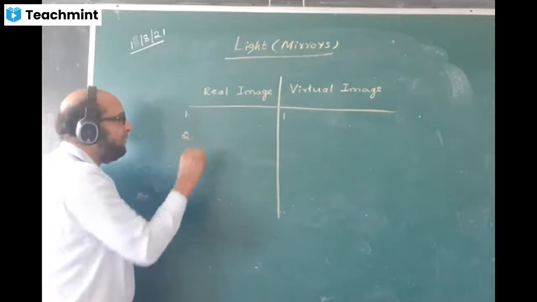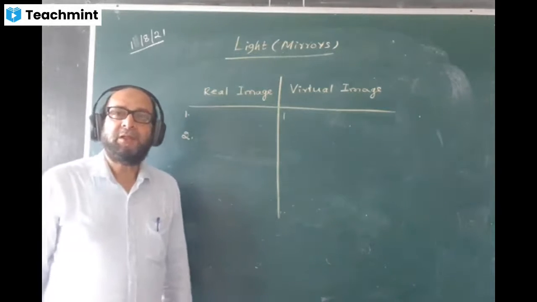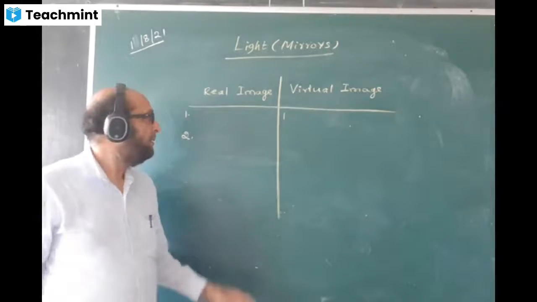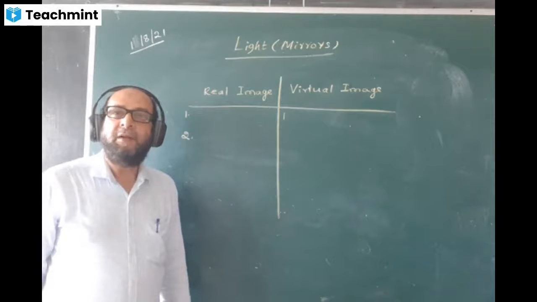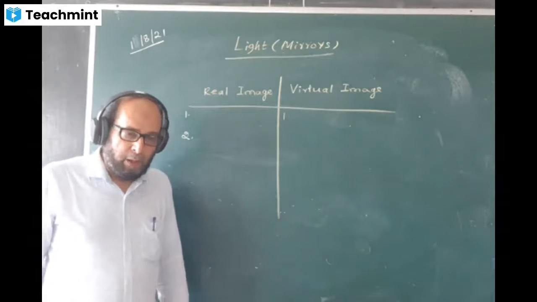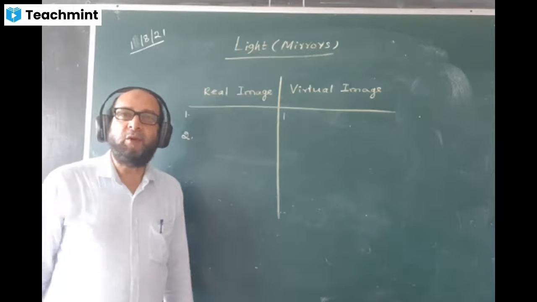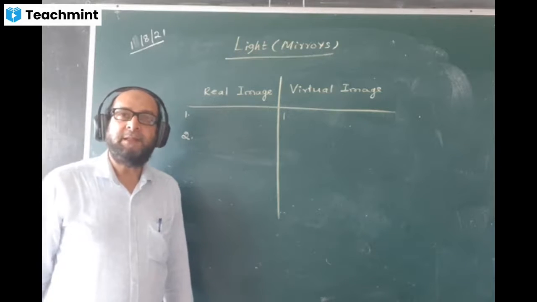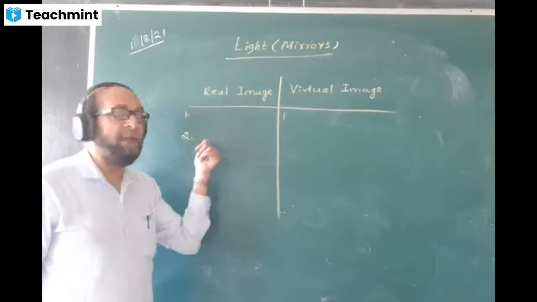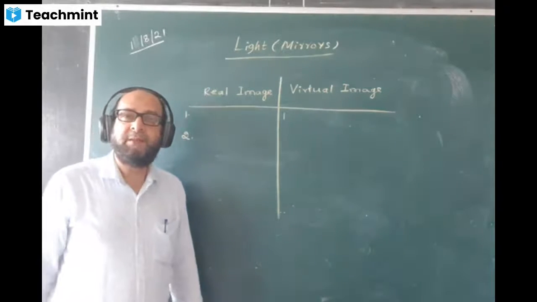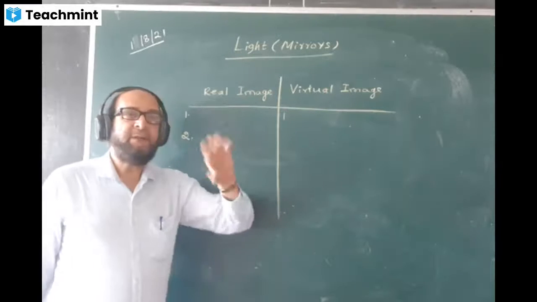Second point. It is inverted with respect to the object. Second point of real image: it is inverted with respect to the object. Inverted means upside down.